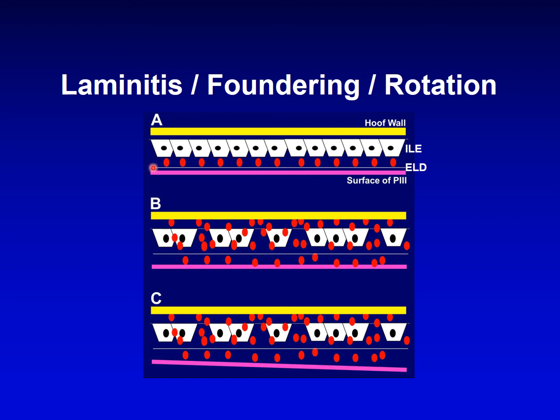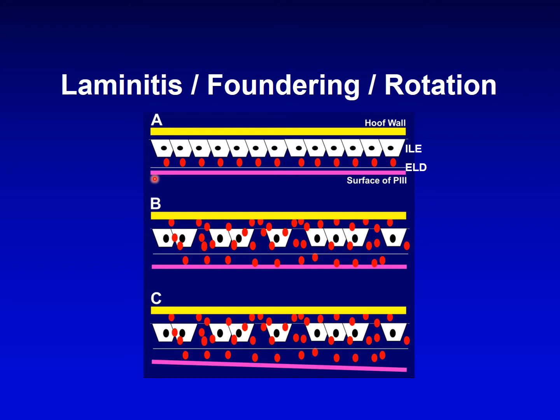I will repeat. So in the normal situation, you have the hoof wall. On the inside of the hoof wall, you have the internal lamina of the epidermis. Remember, the hoof wall is the epidermis. So this layer here is the internal lamina of the epidermis. After that, it interdigitates with the external lamina of the dermis. And after that, there is the surface of P3.